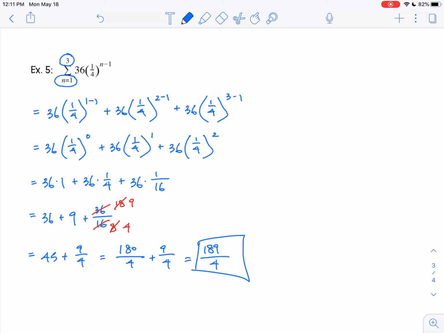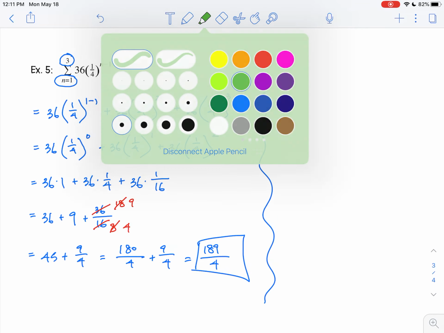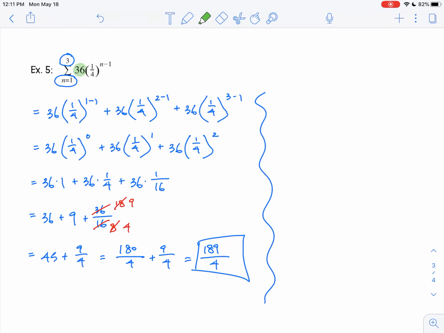Now, before we finish this, I just want to show you a slightly different way of approaching it. And this might be something that you see, patterns that you already see for yourself. But one thing that is good to know is that when I have a constant, like this 36, and I'm multiplying it by everything, I can actually factor that out at the beginning. And it kind of makes my numbers a little bit smaller and sometimes a little bit easier.